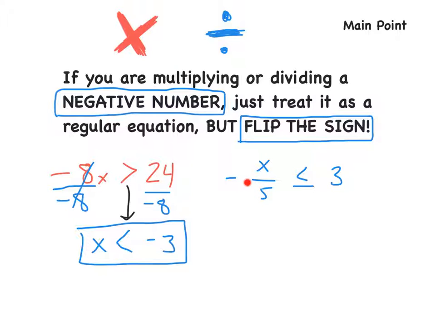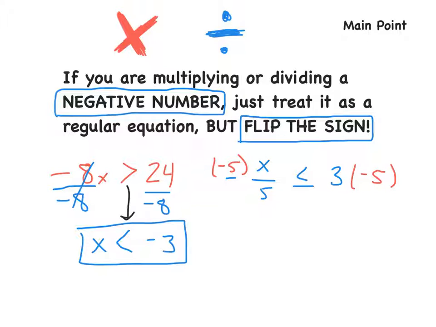I always recommend the negative sign going with the denominator, wherever the number is. So if we have x divided by 5, the opposite of divided by is to be multiplied. So we're going to multiply by a negative 5 on both sides.